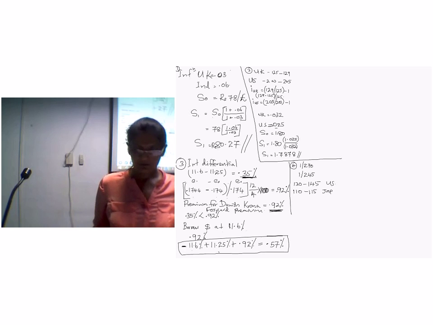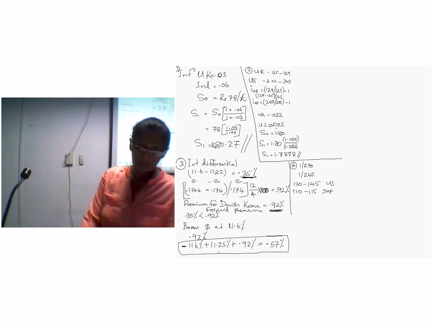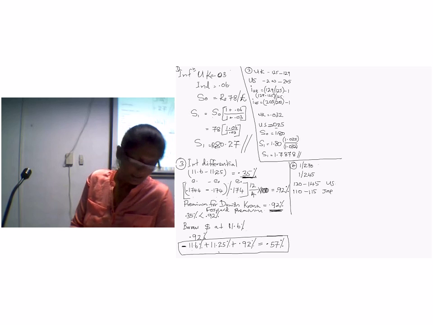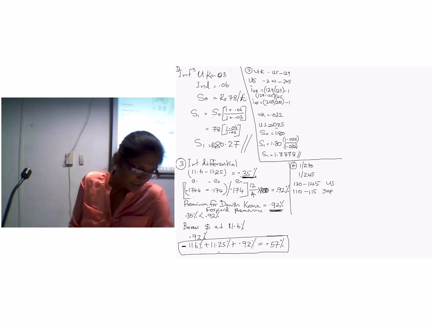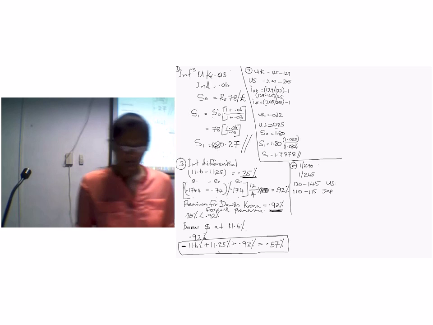So if you do not bother about the price level changes, by looking at the exchange rates we can say which country's currency has been appreciated or depreciated. But here, as the inflation figures are also given, price indices are also given, we have to compare that with the price indices, right? So what is the yen's value at the start of the year?